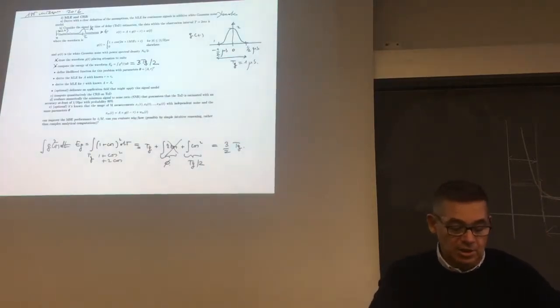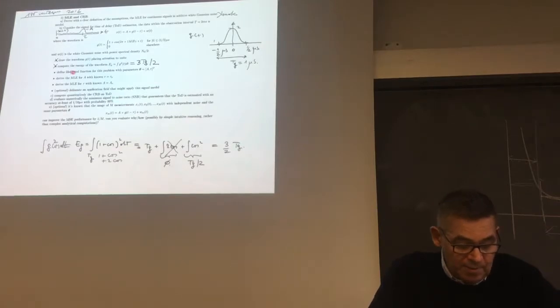So let's continue reading. Define the maximum likelihood function for this problem with the parameters amplitude and delay. Okay, so amplitude and delay are the parameters of the problem. Derive the maximum likelihood estimate for amplitude with known tau.